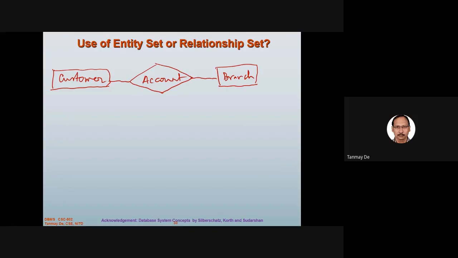Now we can consider the account object as a binary relationship set.